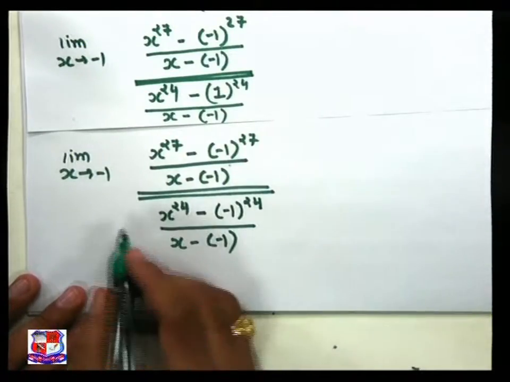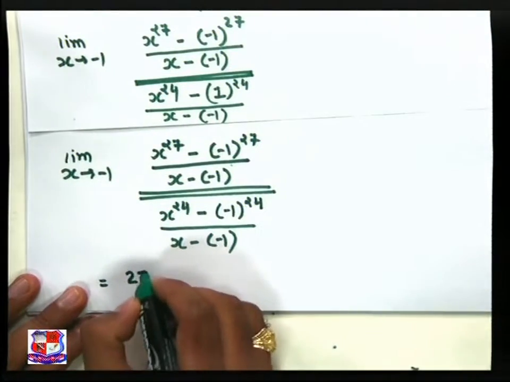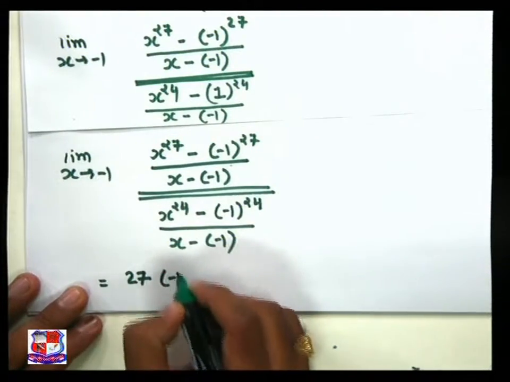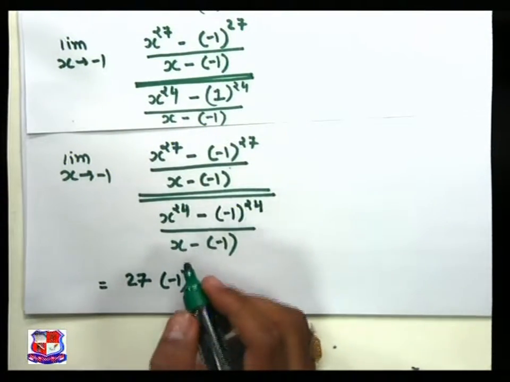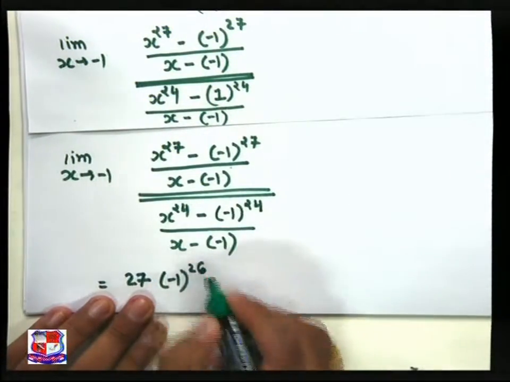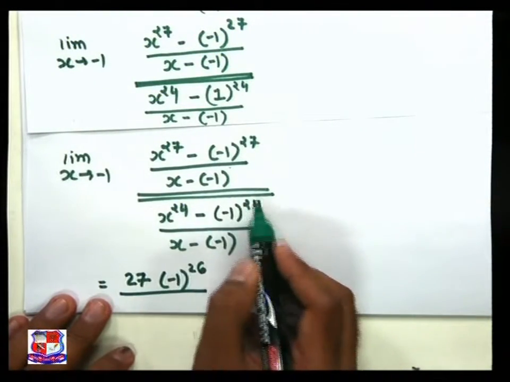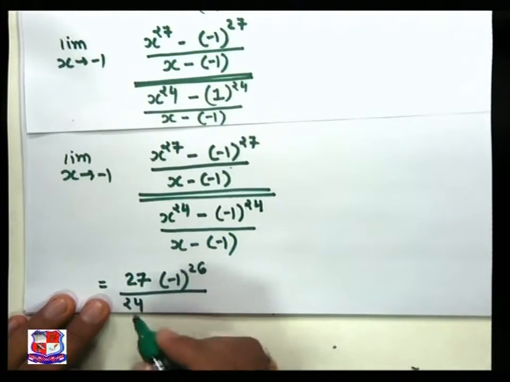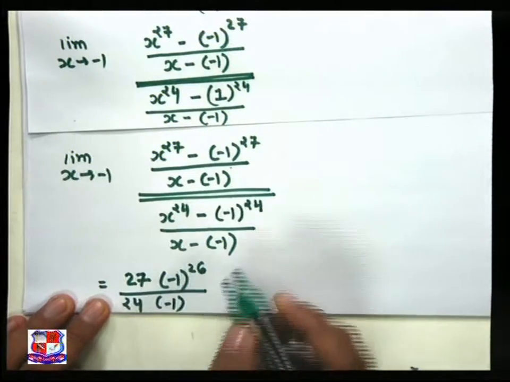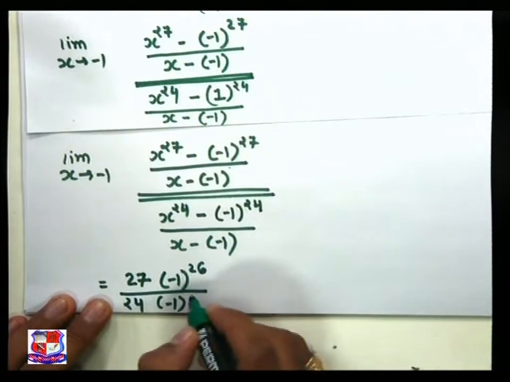So we can write directly n, that is 27, into a, that is minus 1, raised to n minus 1, that is 27 minus 1, that is 26, divided by n, that becomes 24, a becomes minus 1, and 24 minus 1 becomes 23.